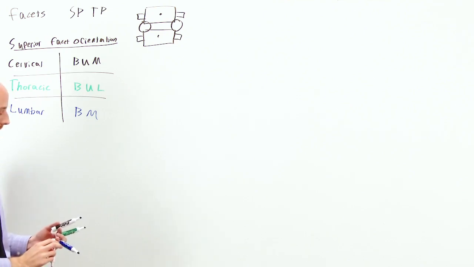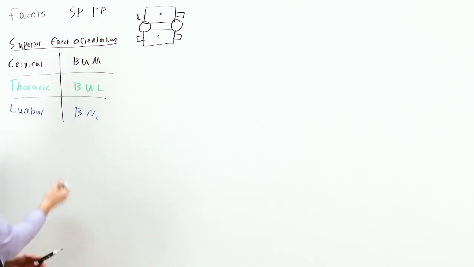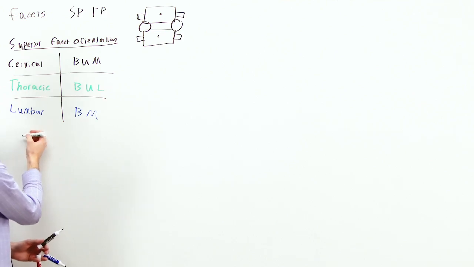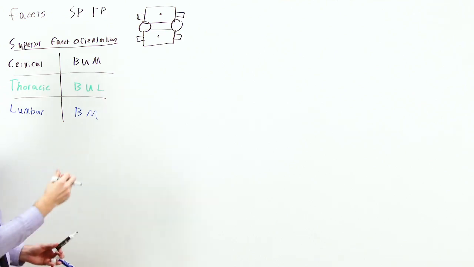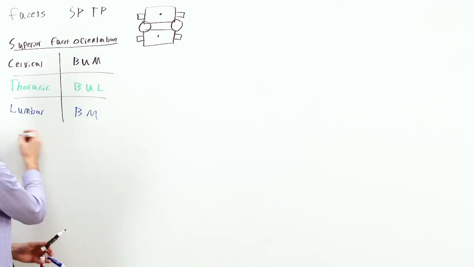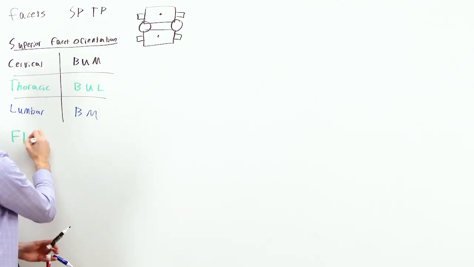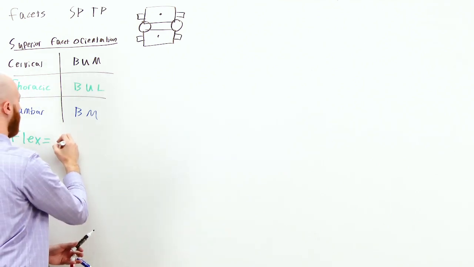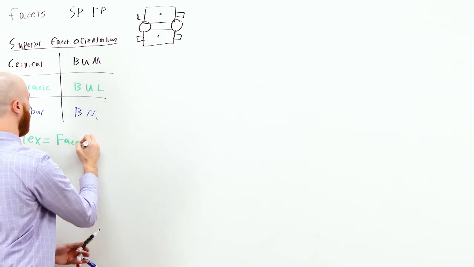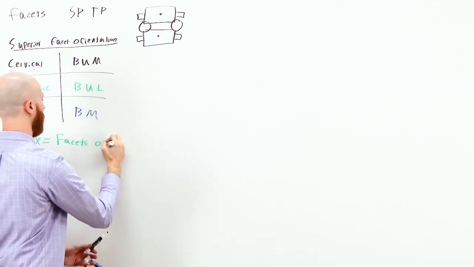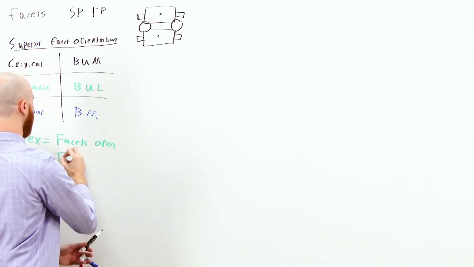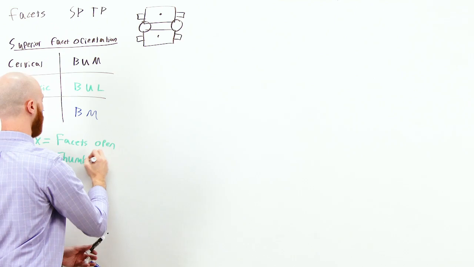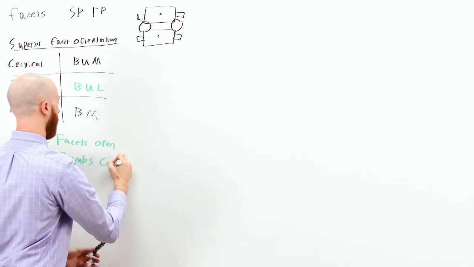So how do I make the diagnosis using the facets? If I'm palpating the facets in neutral, there's no extra movement. When I ask the patient to go into flexion, two things are going to happen. The facets will open, and your thumbs will move cephalad.